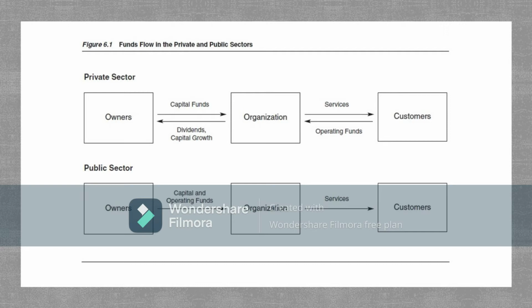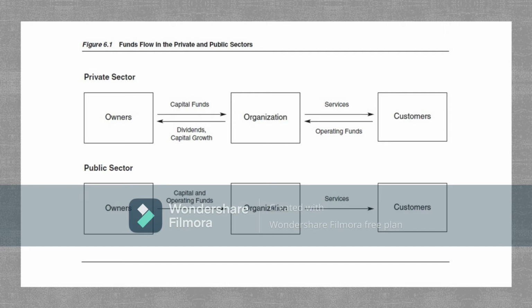Public and private sector differences. It is obvious that the shareholders of a public company, such as IBM, have many choices. Many people do not realize that shareholders of an organization, such as the Department of Social Security of the government, also have many choices.